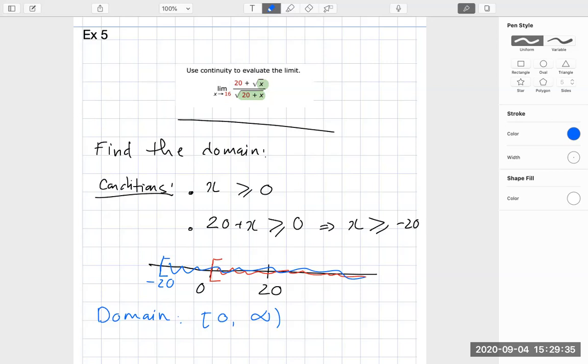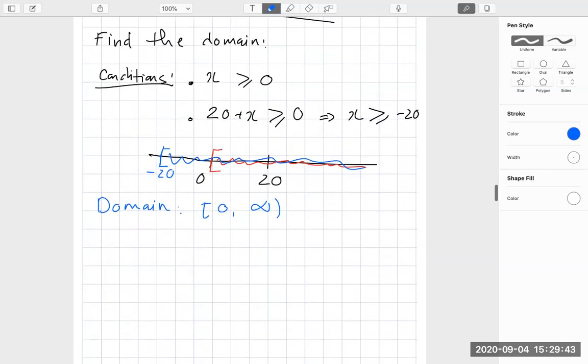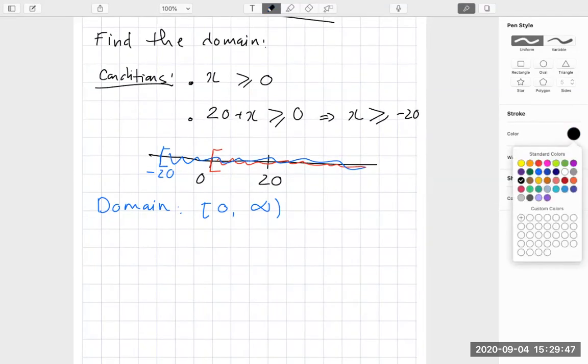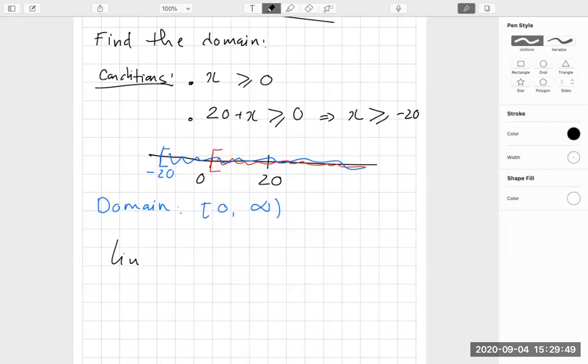And where x approaches 16, it is continuous at 16. Therefore, the limit of this is simply the substitution, right?